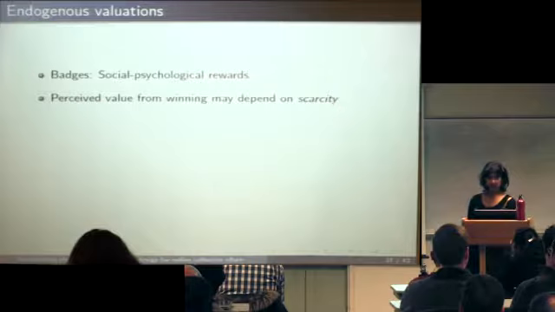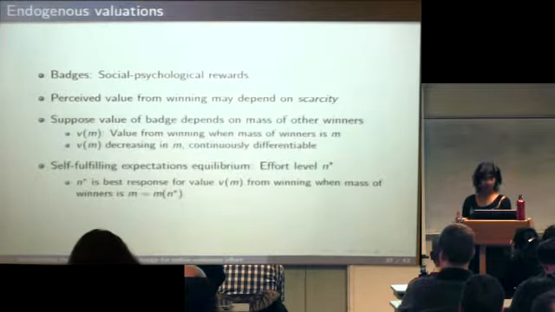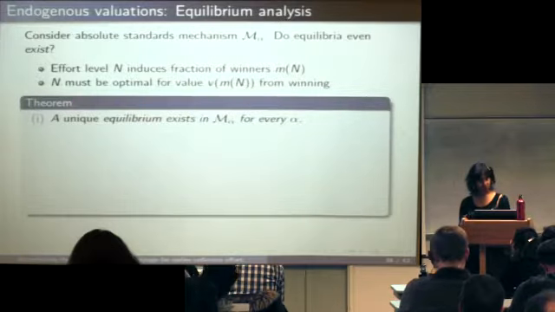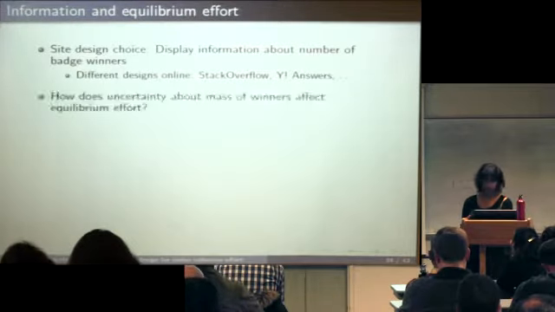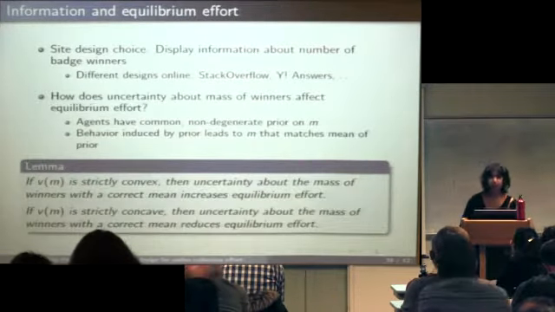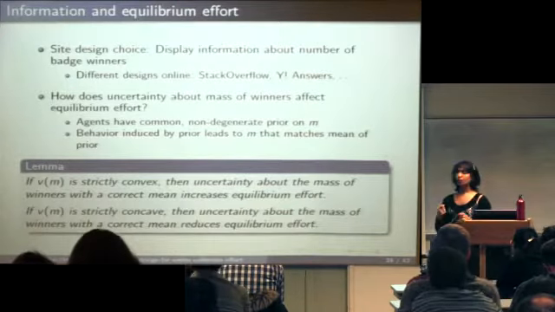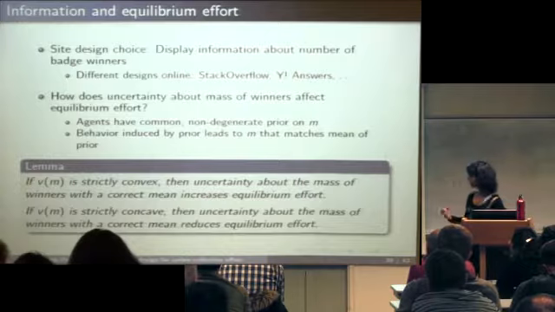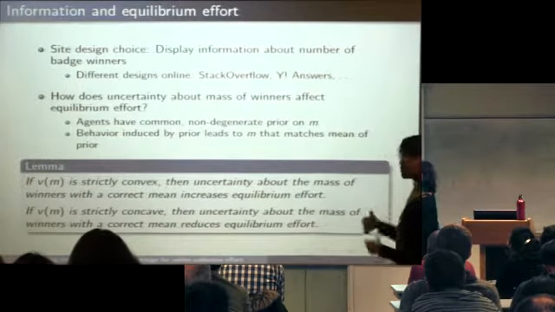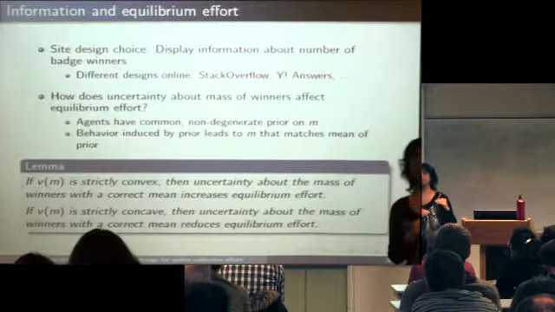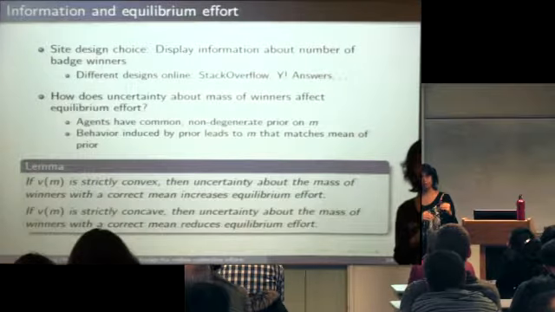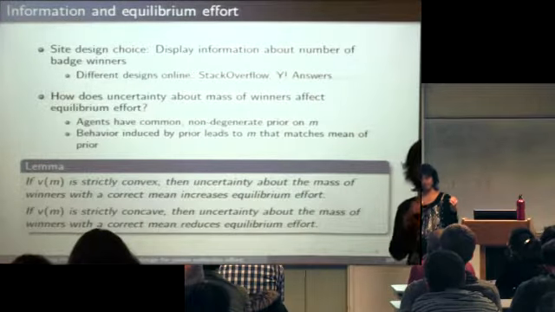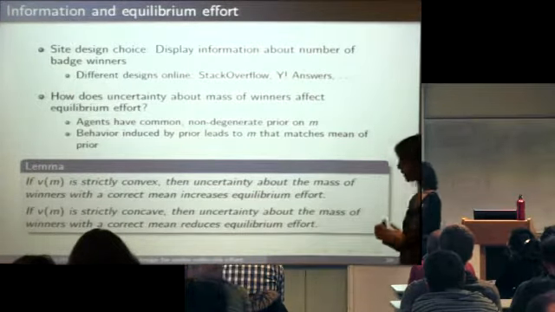And finally, to answer the question about endogenous valuations and information, I will actually just tell you the answer. So if you have a choice about whether to display information or not about the number of badge winners, and the question is, should you be displaying precise information about how many people have won a badge when people's value from winning a badge depends on how many other people have that badge?